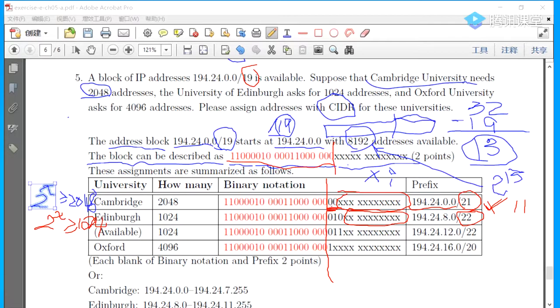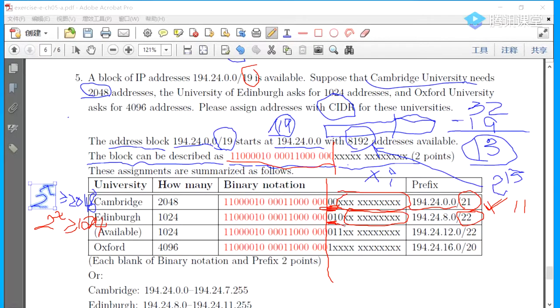are undetermined. Since the bits have used 00 for the former block, for Edinburgh University these 2 bits must not be the same as the former one. Since this is 00, Edinburgh can use 01. So make sure it is different from the first, to ensure there is no overlap between the 2 address blocks.